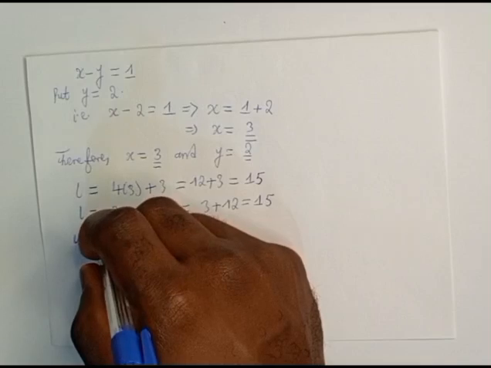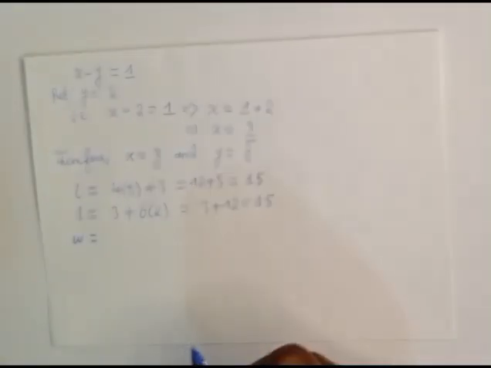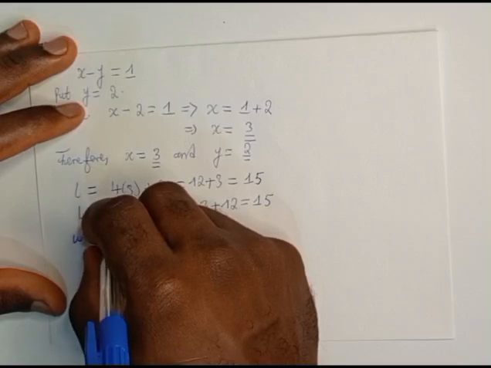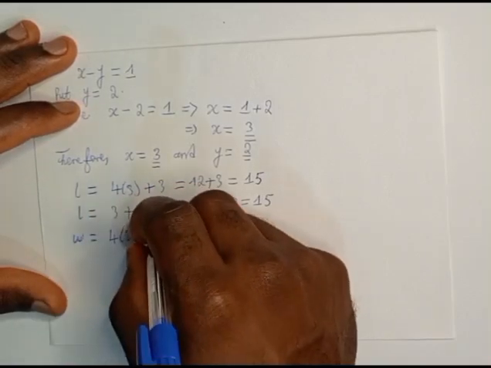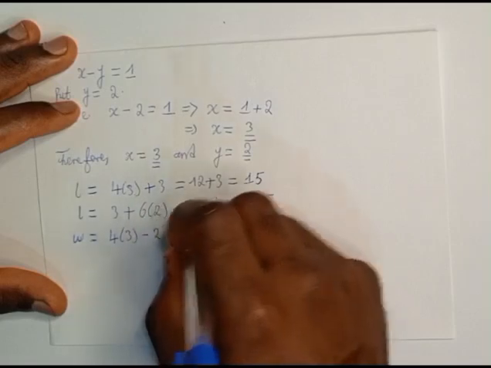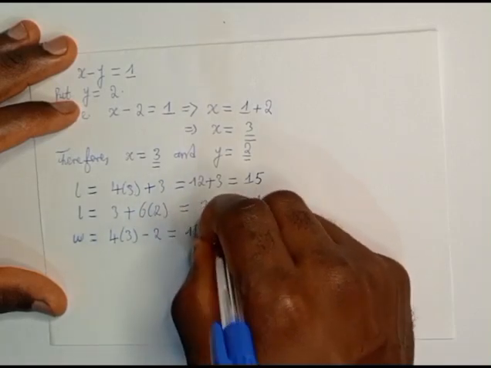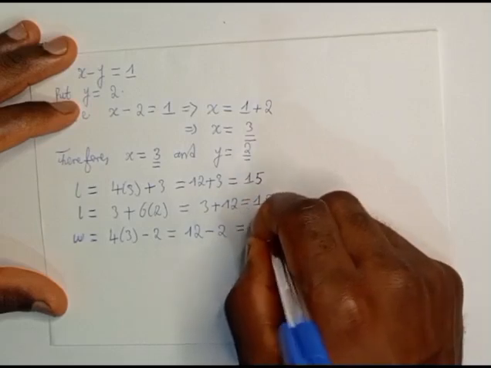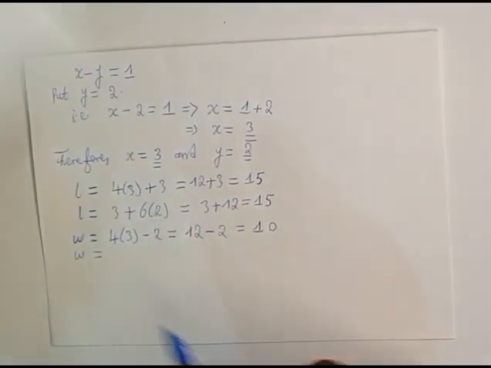We go now to the width, denoted by W. For the width, first one we have 4x minus y. Let's insert the values of x and y. 4 times 3 minus 2. This will be equal to 4 times 3 gives us 12 minus 2. It is simply equal to 10. Width, again, let's verify this other side. 3x plus 1.